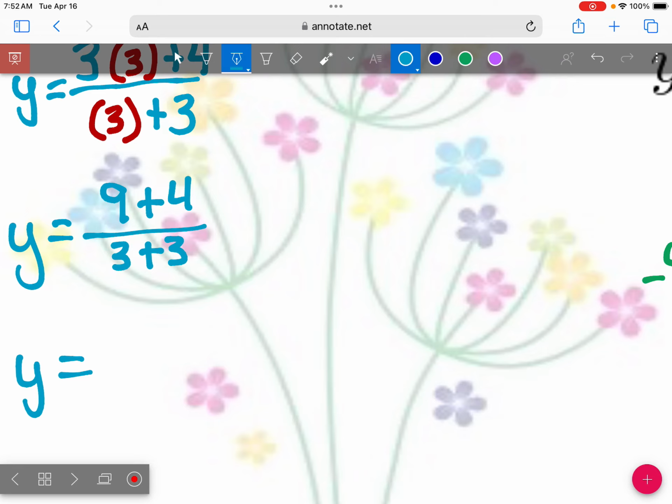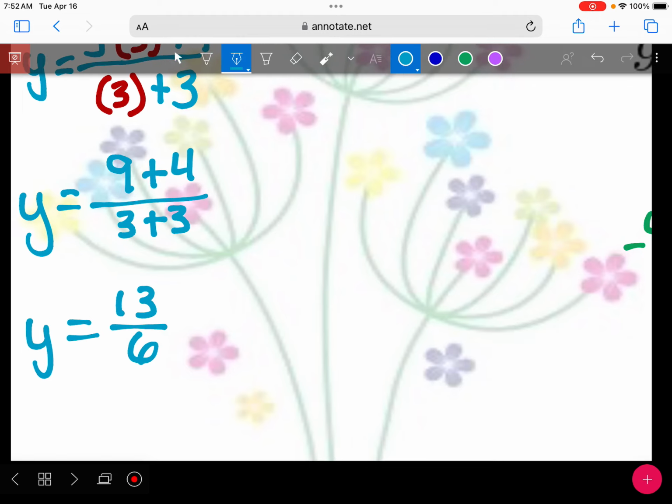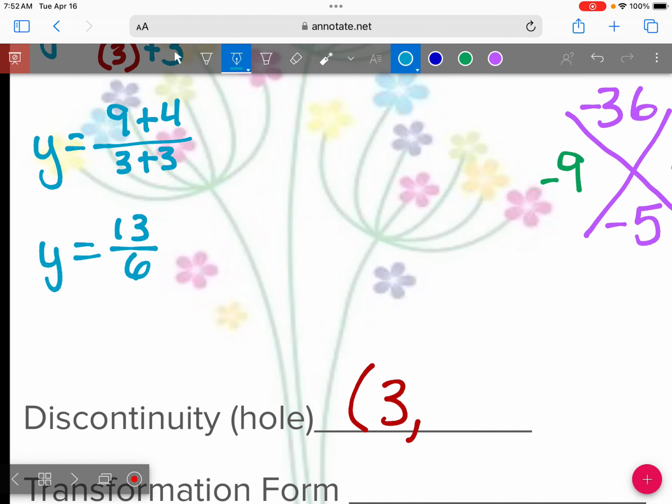That gives me 9 plus 4 is 13 over 6. And I'm perfectly content with you guys putting it as 13 over 6. You can also put it as a decimal if you really want to. When we get into the graphing of this, we'll probably switch it to decimals just to get an estimate. But I'm just going to put it as my 13 over 6.